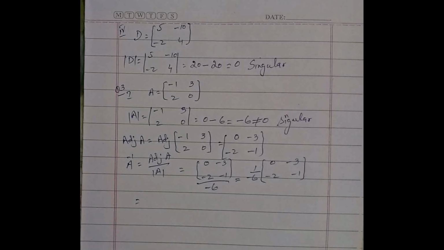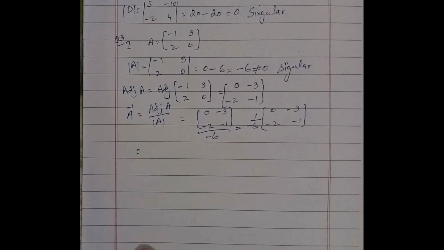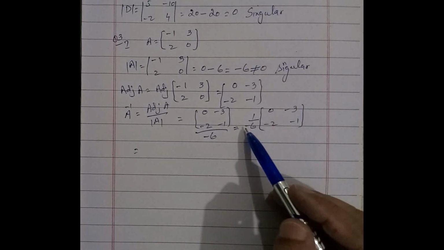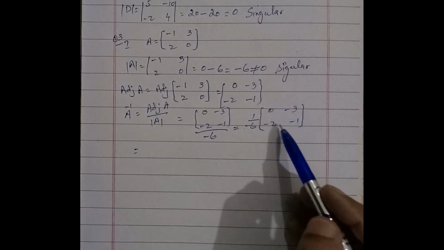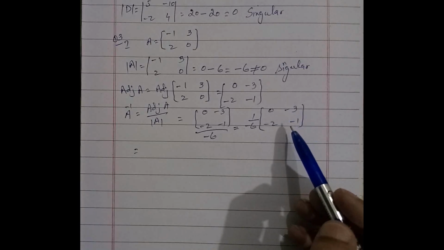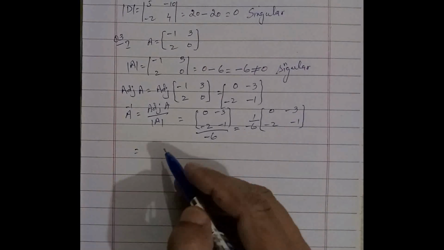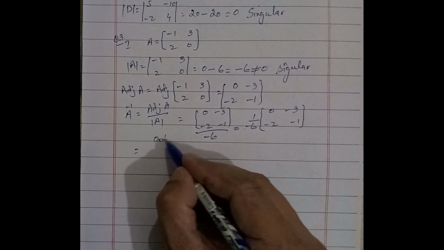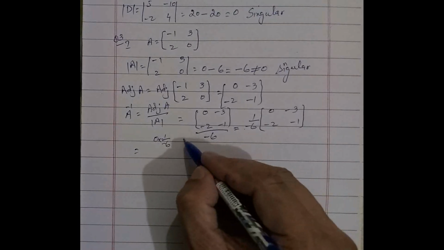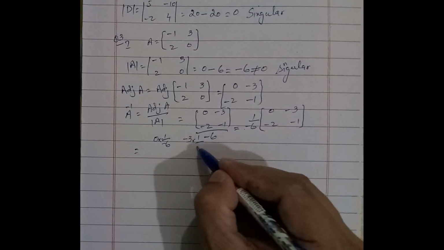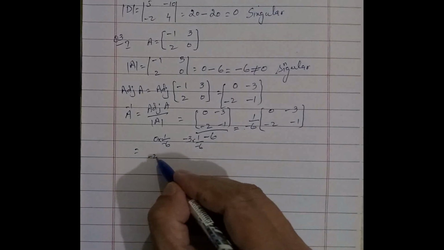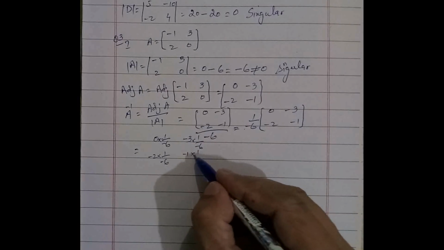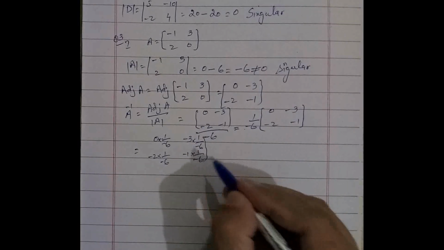At this stage, we do the scalar multiplication of the matrix, meaning minus 1 over 6 multiplied with all the elements of the adjoint of A, which is 0 multiplied by 1 over minus 6, minus 3 multiplied by 1 over minus 6, minus 2 multiplied by 1 over minus 6, minus 1 multiplied by 1 over minus 6.